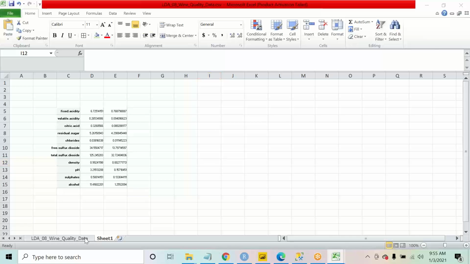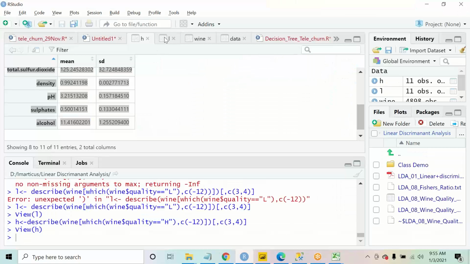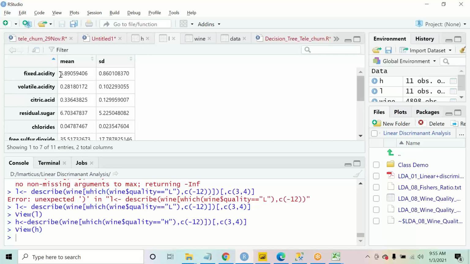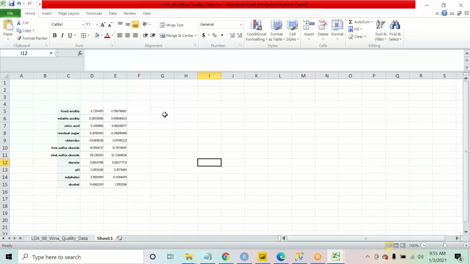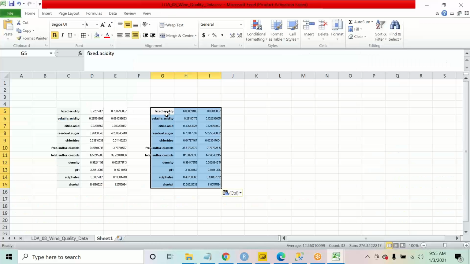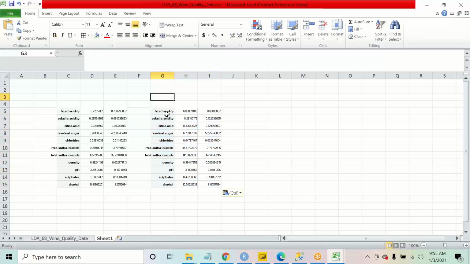And in the same way you can come back, this we picked for H, now you can pick it for L. This is for the data set high, and this is for the data set low.